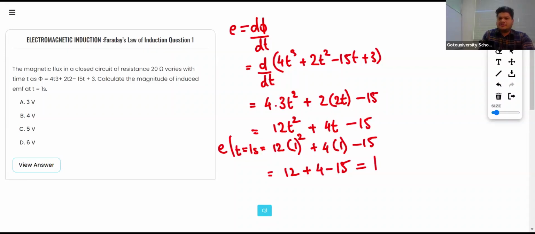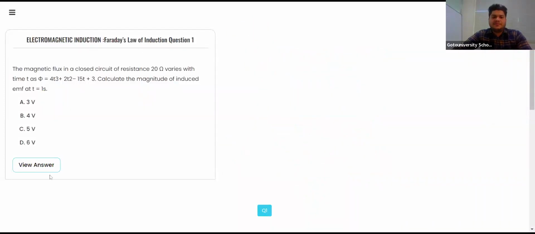Let me check. There is some problem in the question. Let me check 4t square. I think there is some problem in the question.